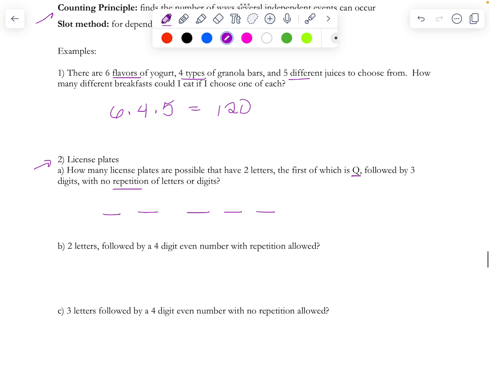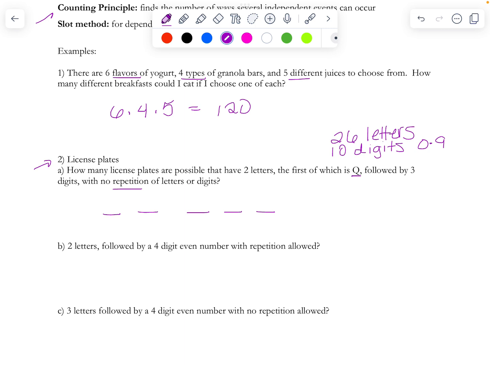The first thing we have to think about is there are 26 letters in the alphabet, and then we have 10 digits, 0 through 9.